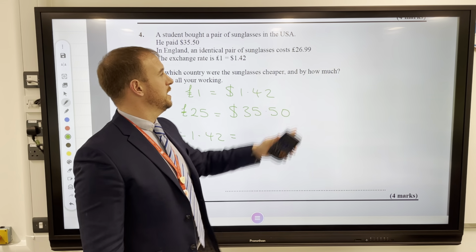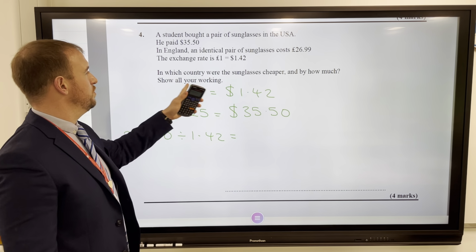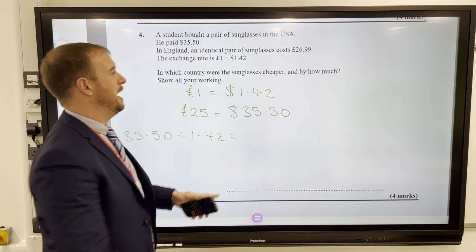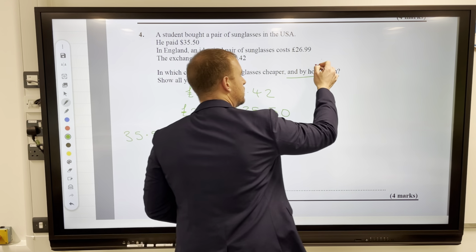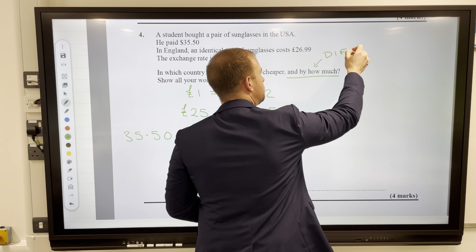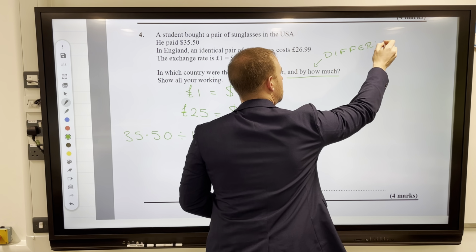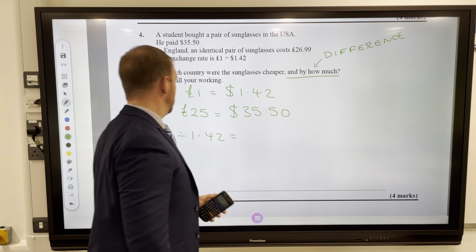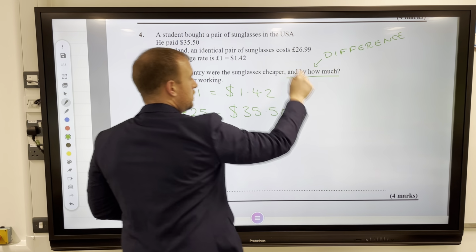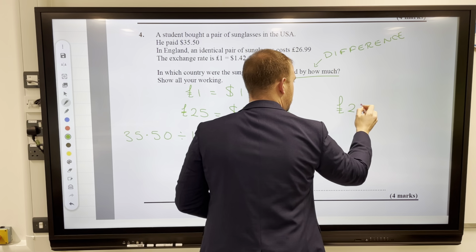But the same ones in England were £26.99. In which country were the sunglasses cheaper and by how much? So now it's looking for the difference. Difference means take away. The glasses here were £26.99p.